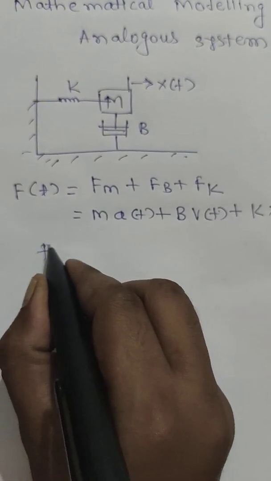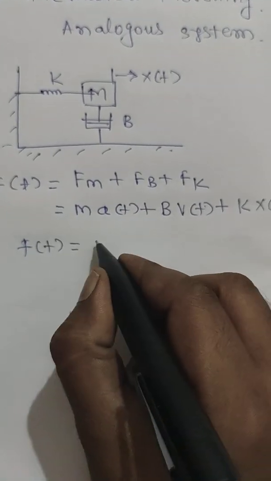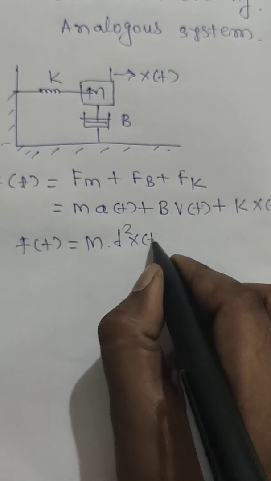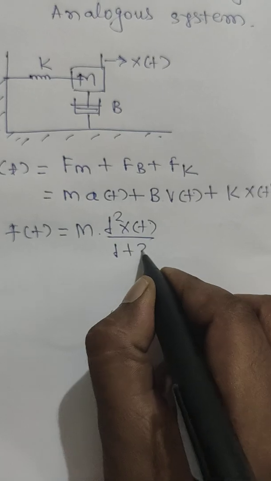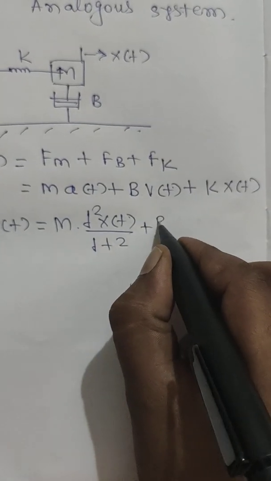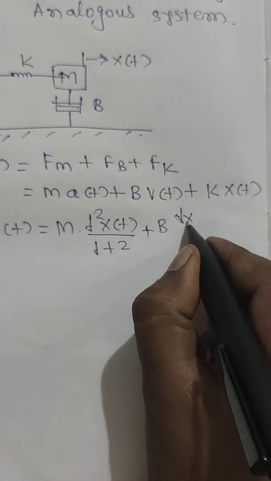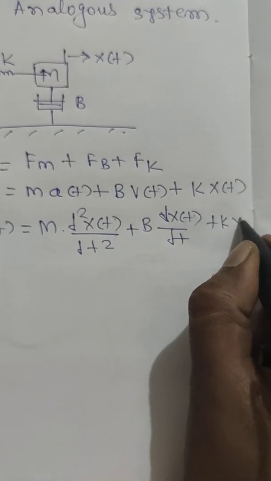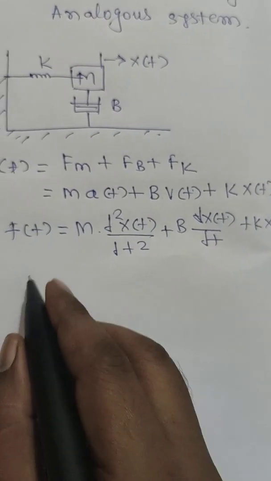So we'll write everything in the form of displacement. Mass into acceleration, in terms of displacement, is m d square x of t upon dt square. Velocity is dx of t upon dt, which is already in terms of displacement.